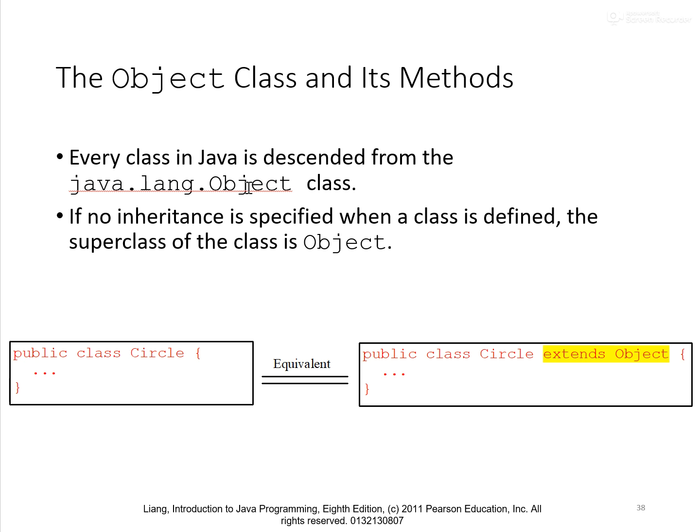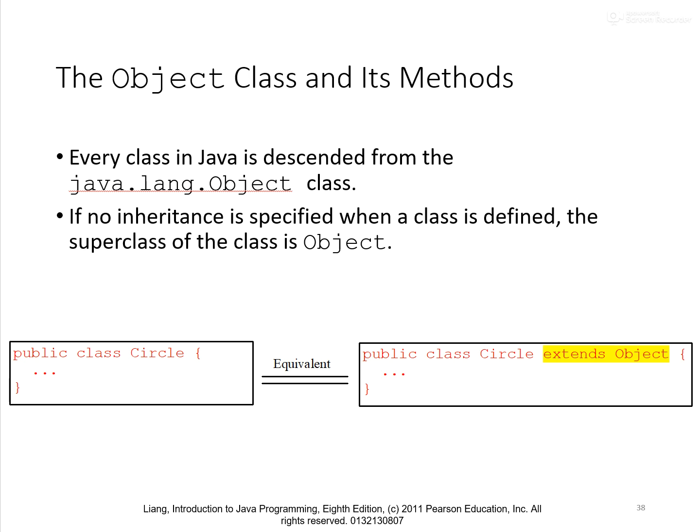So in that sense, every class that you've ever worked with in Java is a subclass of some other class except the Object class. The Object class sits at the very top.